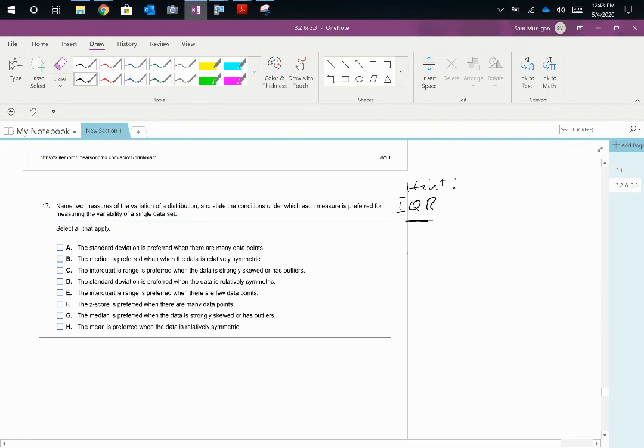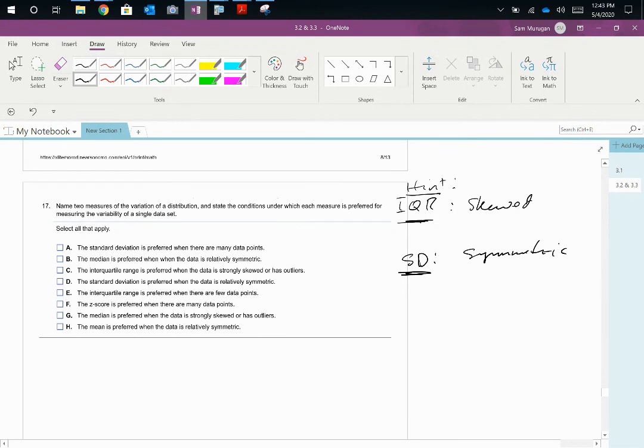Okay. And then the second, if the data is skewed, and then remember that we use the standard deviation when the data is symmetric. So think about which two answers you'd want to pick here.